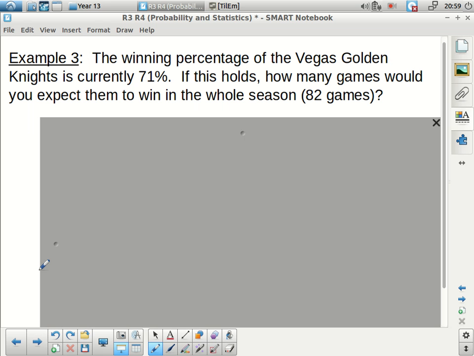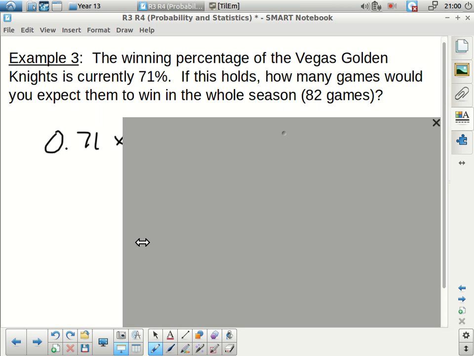Last, this is about that whole interpreting part. So I looked this up. The current winning percentage of the Las Vegas Golden Knights is about 71%. If this holds for the rest of the season, how many games would you expect them to win in the whole season, which is 82 games? Assuming this holds true, we would expect that 71% of all these games would be wins.